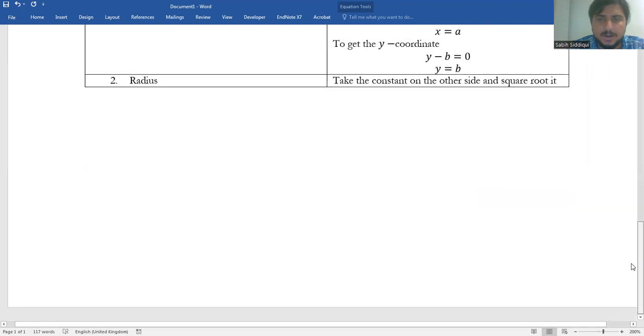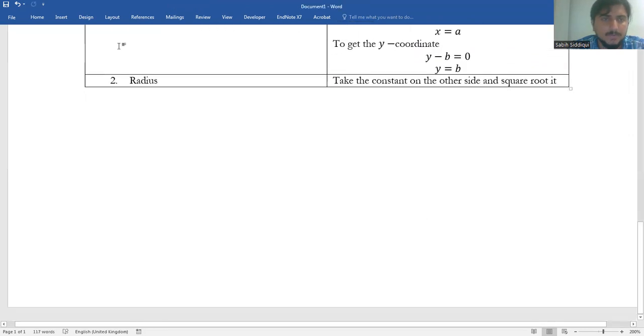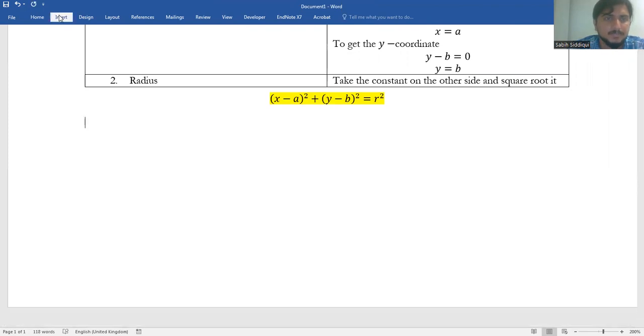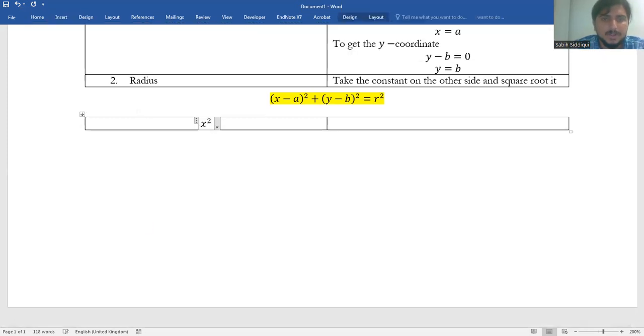Now let's go to the expanded form. I'll take this particular example because I already know the center and radius for this one, and from here we'll proceed to the fully expanded form. Okay, now let's expand it. If I expand it, I get x squared minus 2ax plus a squared plus y squared minus 2by plus b squared minus r squared is equal to 0.